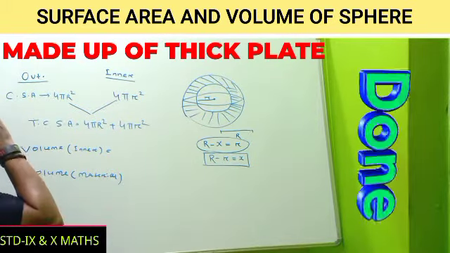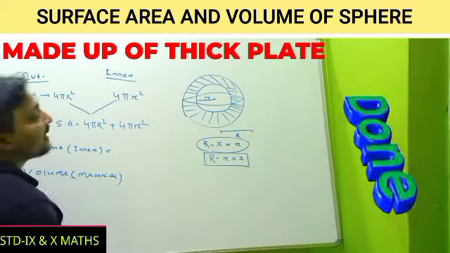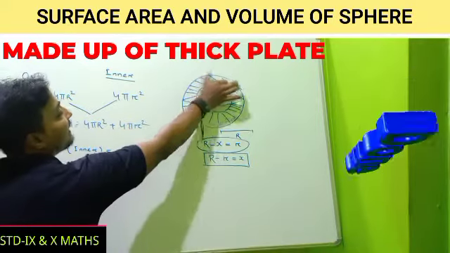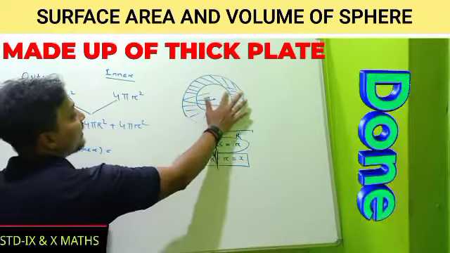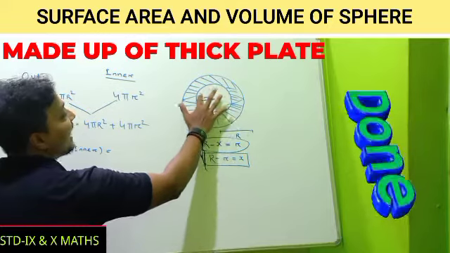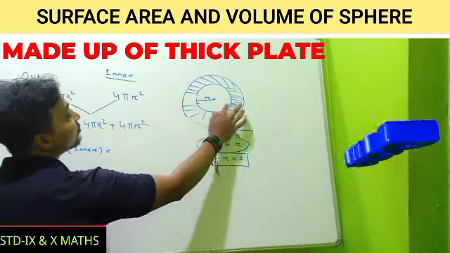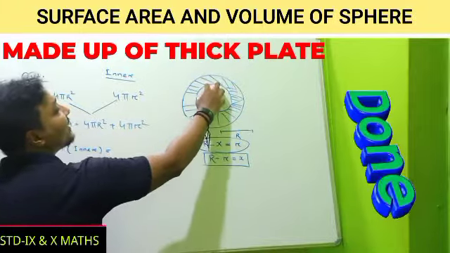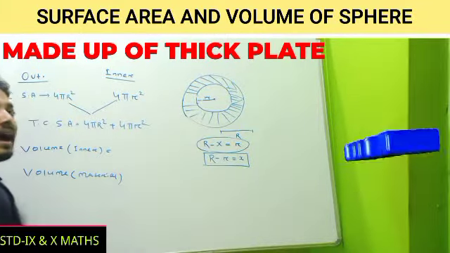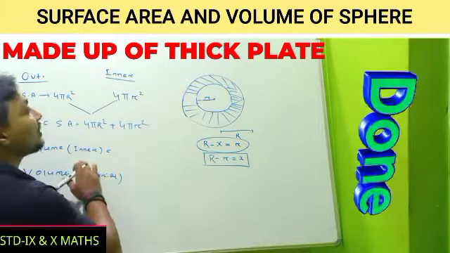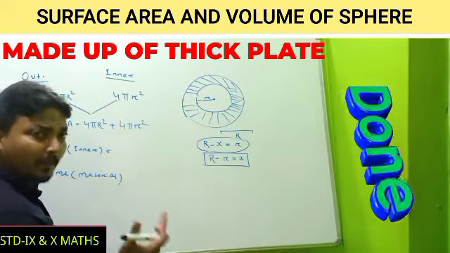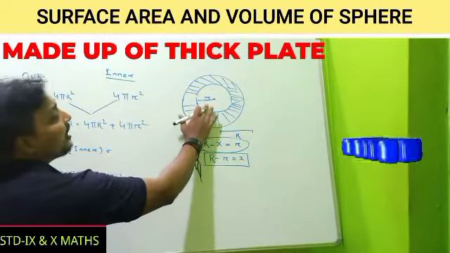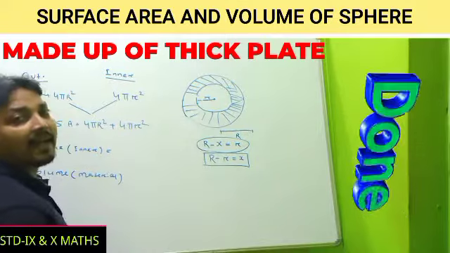See, the first one is the volume of the inner. Everyone see, whenever there is some thickness, one thing is clearly seen: the outer one is a sphere, and the inner one is also another sphere. So the volume of the inner sphere can be obtained by taking our inner radius.